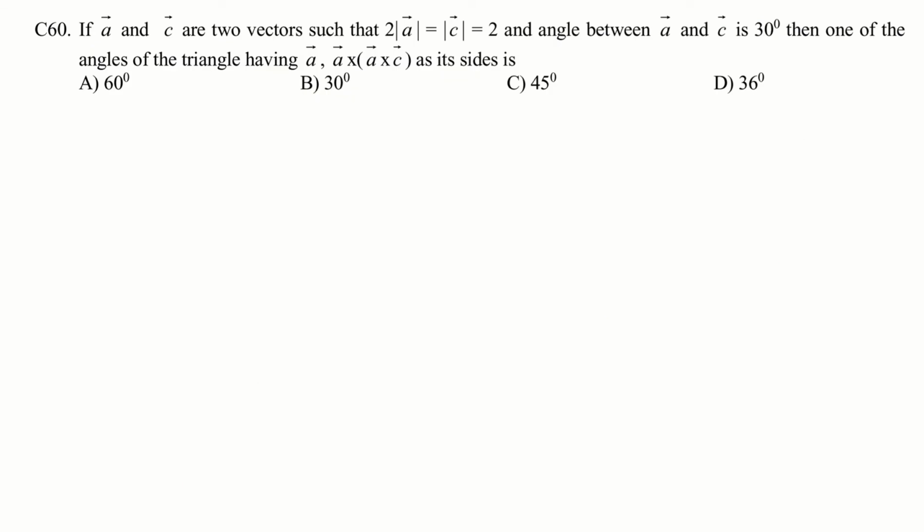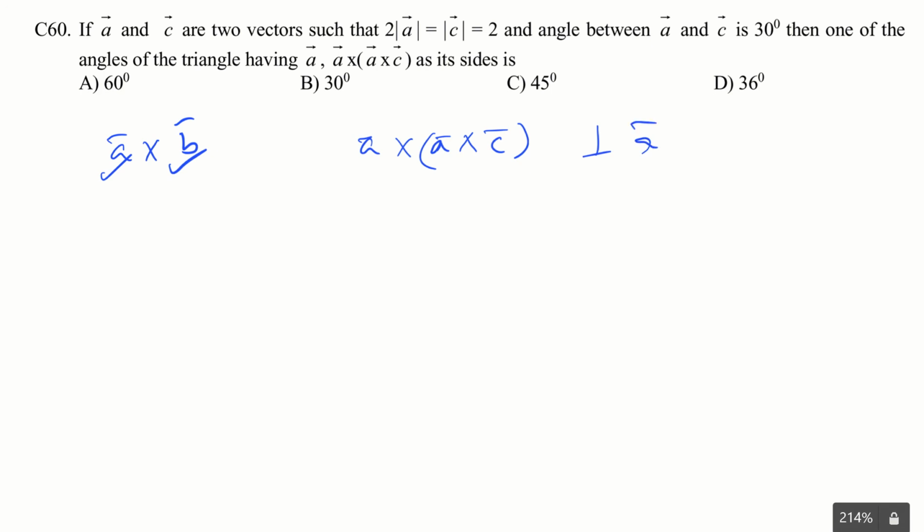Now coming to this problem, we know that the cross product of two vectors is perpendicular to a bar and b bar. So a bar cross c bar is obviously perpendicular to a bar. Now he gave that these two are two sides of a triangle.